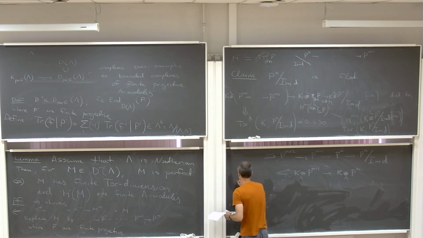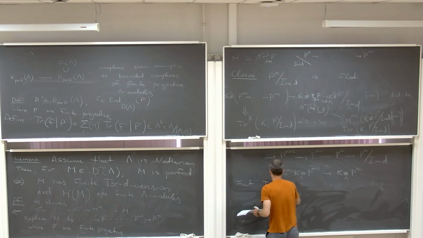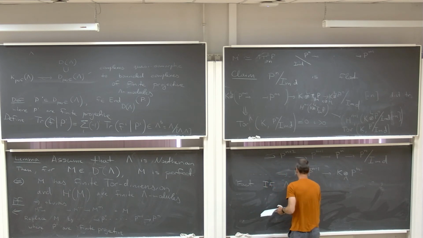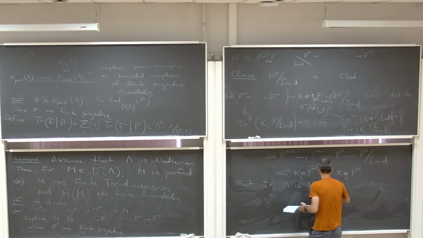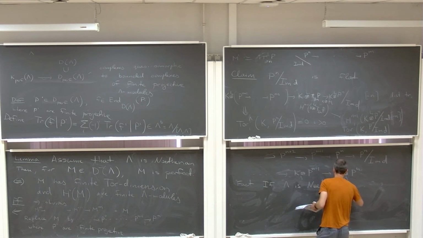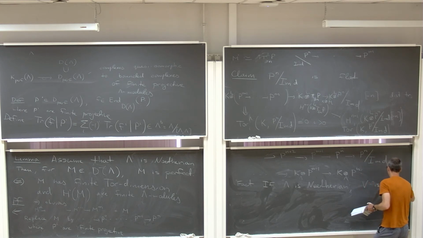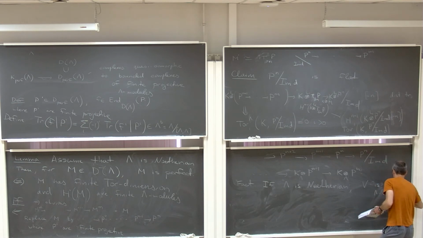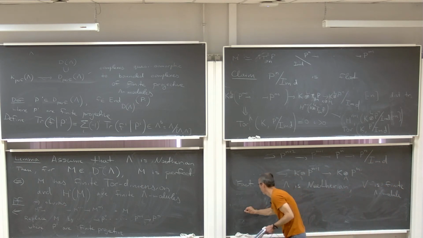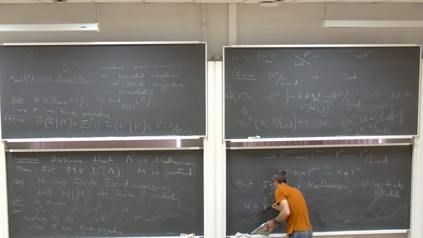So, fact: if lambda is Noetherian, say V is a finite lambda module, then V is projective if and only if it's flat.